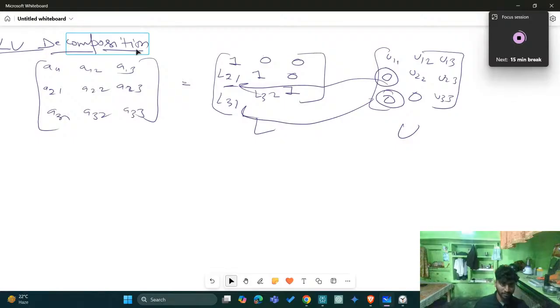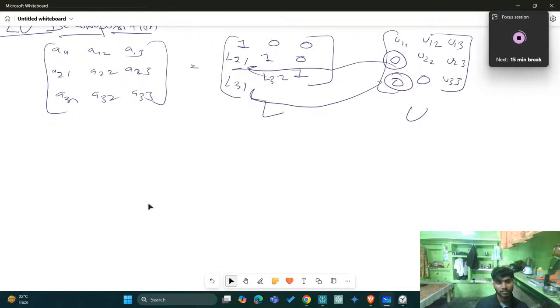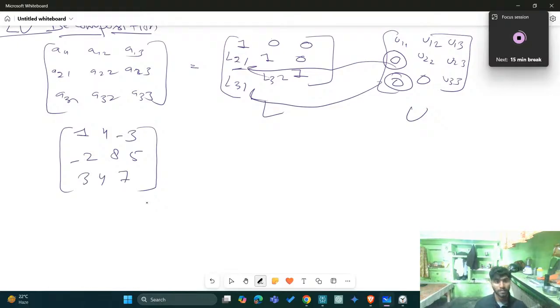Take an example. Let's say we have a matrix 1, 4, minus 3, minus 2, 8, 5, 3, 4, 7. This is the LU decomposition. So we put L and U first.